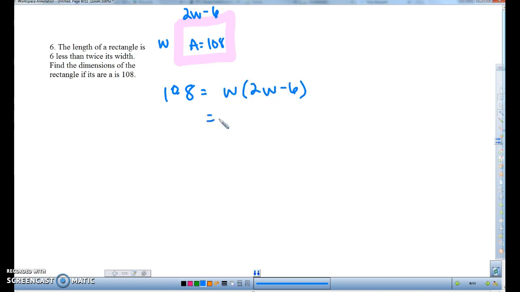I distribute, so I get 2W squared minus 6W equal 108. I move that 108 to the other side.